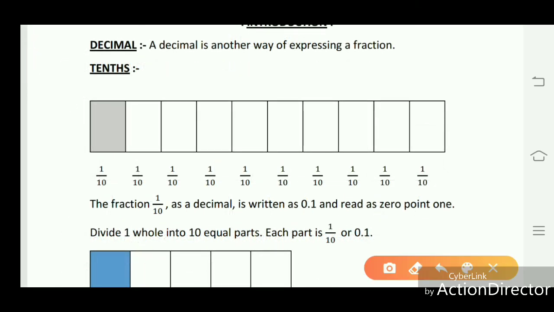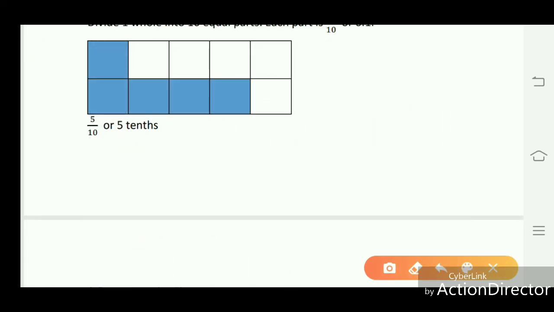When we divide one whole into 10 equal parts, each part is 1 upon 10 or 0.1. Here each part is 1 upon 10, 1 upon 10, 1 upon 10 and so on. Here we divide one box into 10 equal parts and we color 5 boxes.